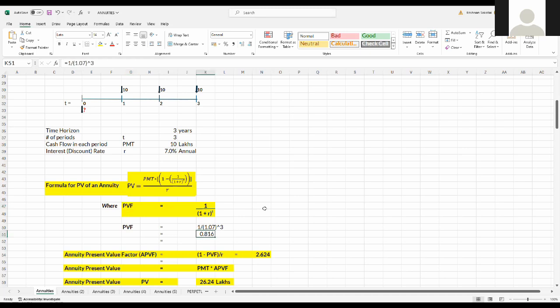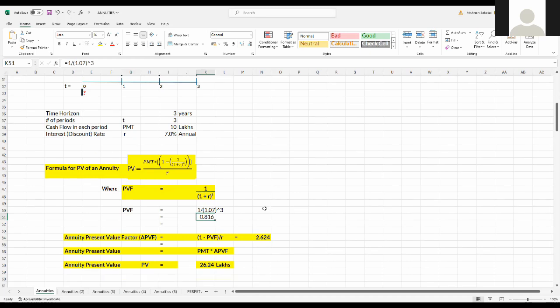Another term we use is the annuity present value factor, which is 1 minus PVF divided by R. If we substitute the values of each of these components, we get a value of 2.624. The present value of the annuity is the payment multiplied by APVF, the annuity present value factor.